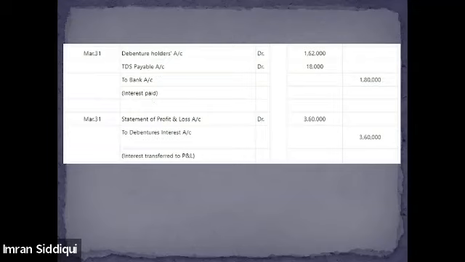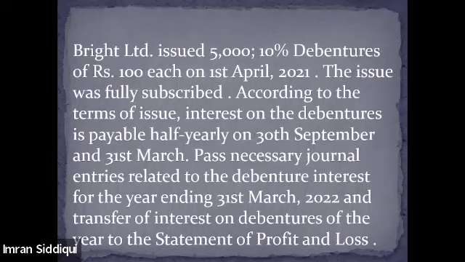Okay. Then moving on to the next question, since you've already solved it. The next question is also similar, in fact. Let me read this for you, and you need to figure out and tell me whether you will be able to solve it or not. We'll be doing it in the class itself. All right. I'm not going to give this as homework to you. Bright Limited issued 5,000 10% debentures of rupees 100 each on 1st of April 2021.